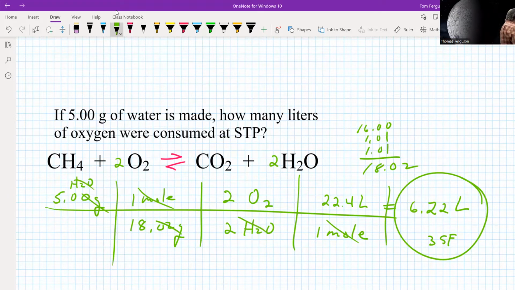Again, I want to emphasize this. It's basically three parts. Part one is taking the given and converting it to moles.